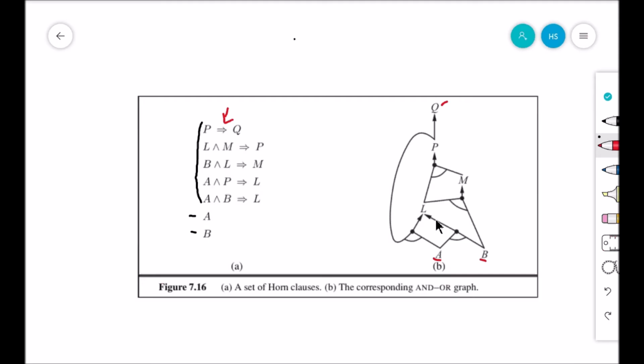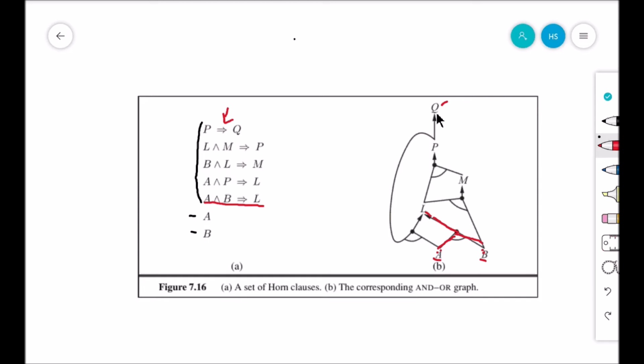The textbook says try it, see if it works. Well, if you start off with A and B and both of those are true, what does that get you? A and B implies L. So you've propagated this far.